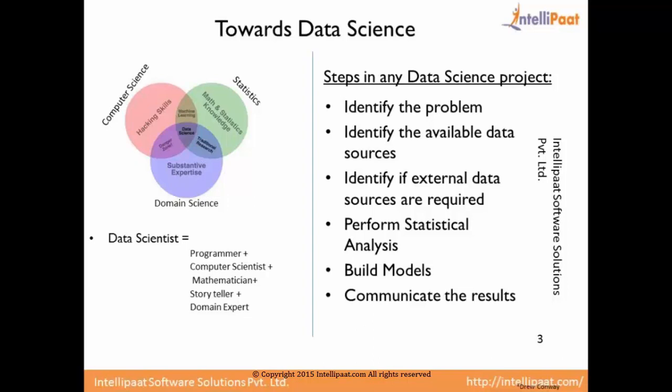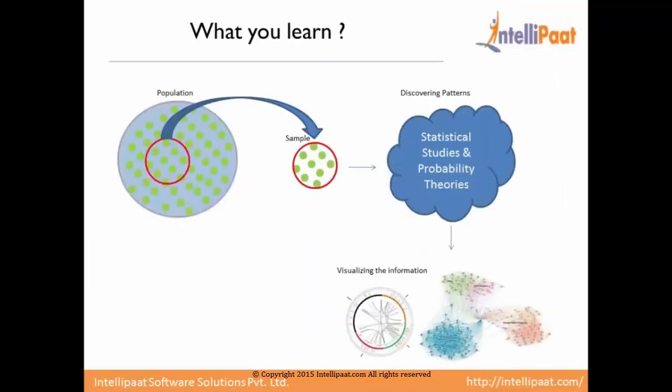No. For this course, we do not need any such background, because this course itself is at a very fundamental level, where we are going to walk you through the data by using different techniques, where we will introduce you to solving some important problems, and how to analyze those things is the main focus of this course.